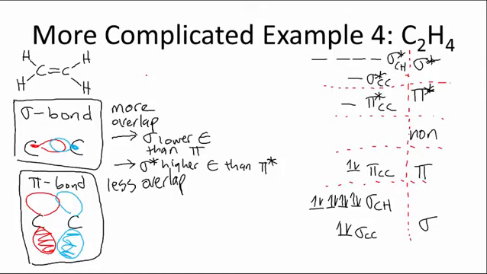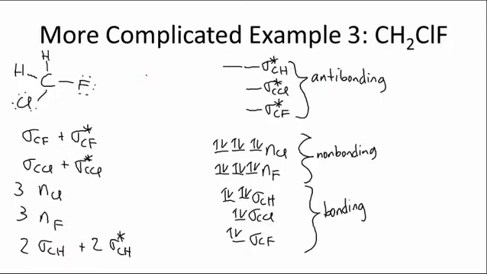Whereas pi bonds, they kind of overlap just at the sides, and they only overlap a little bit compared to sigma bonds. Even though there's two areas of overlap, there's not as much overlap in either area, because they're not pointed directly at each other. And so when there's poor overlap, there's not going to be as much stabilization for making a bonding orbital. There's not going to be as much destabilization for making an antibonding orbital.